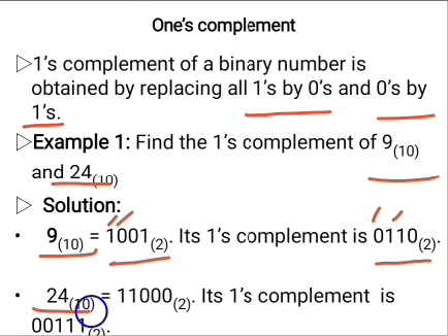For 24, it is in base 10. 24 means 11000. It is in base 2. Its ones complement is 00111. That means replacing all ones by zeros and zeros by ones.